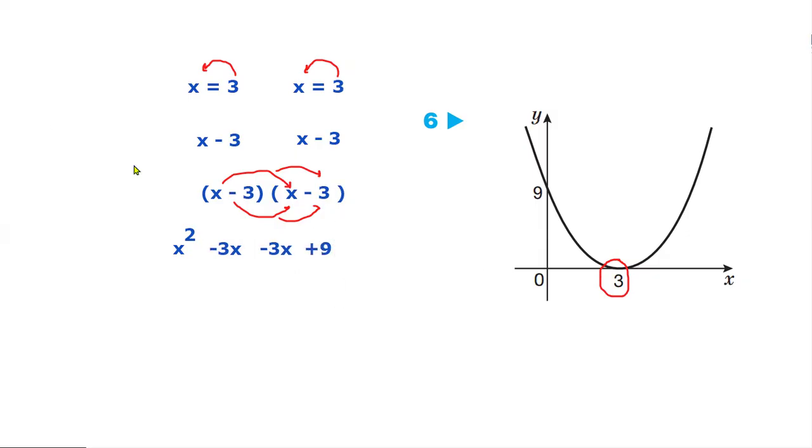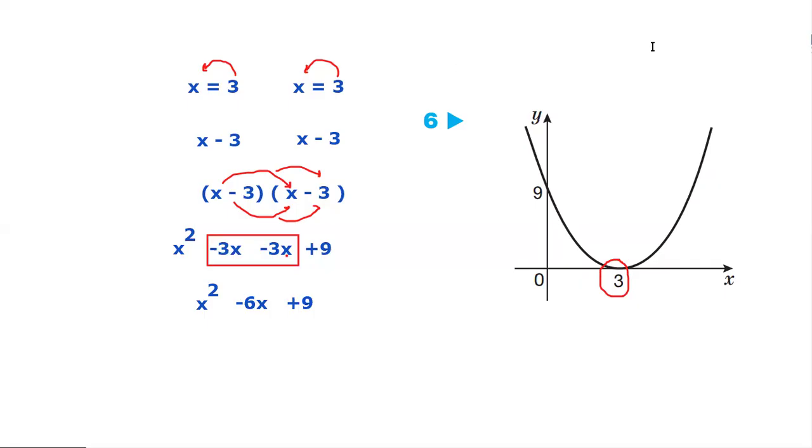Now, the last step is simplifying by looking at like terms and adding them together. So we have x squared, which is the same, x power of 2. And then negative 3x and negative 3x is going to be negative 6x. And then positive 9 like it is, okay? And then, as we said, write it as an equation in the form of y equals.